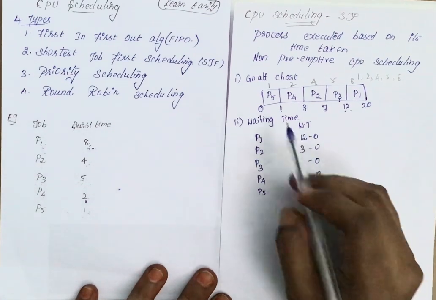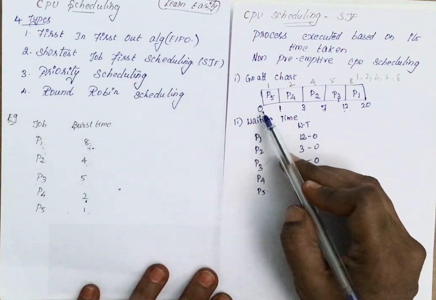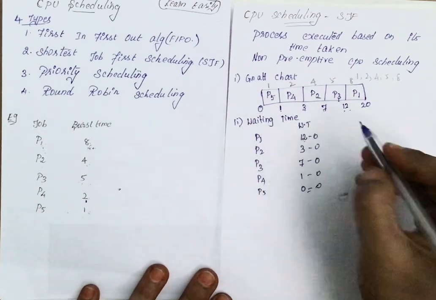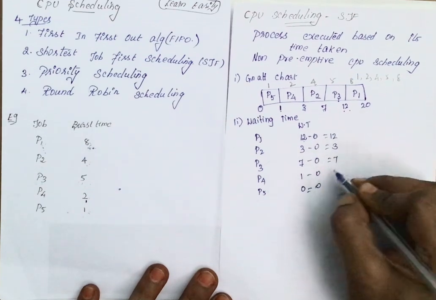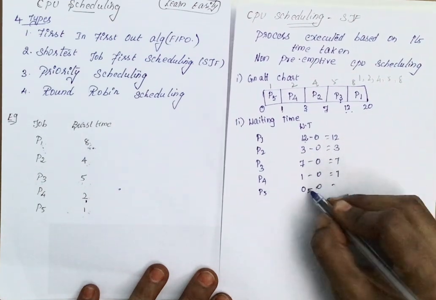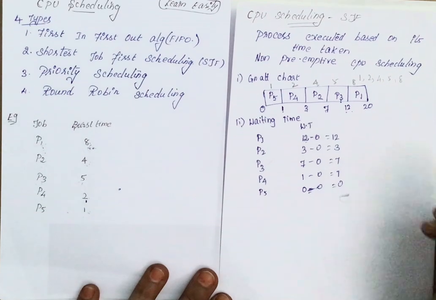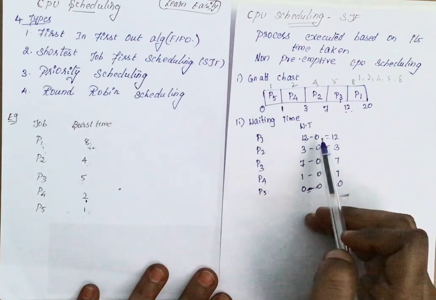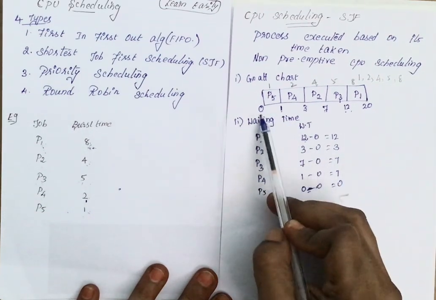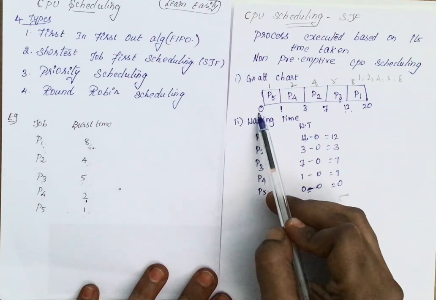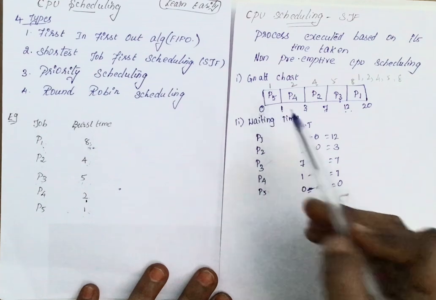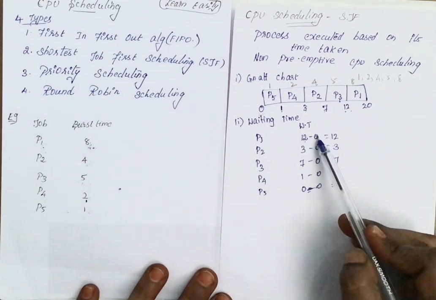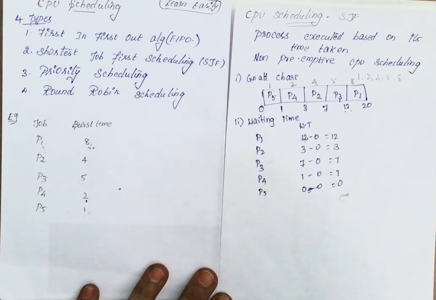Here there is no such case, so 12 minus 0, 7 minus 0, 1 and 0. This depends on the timeline from which we started. If we had started at 5 seconds, then in place of 0 there would be 5. That is the main thing.